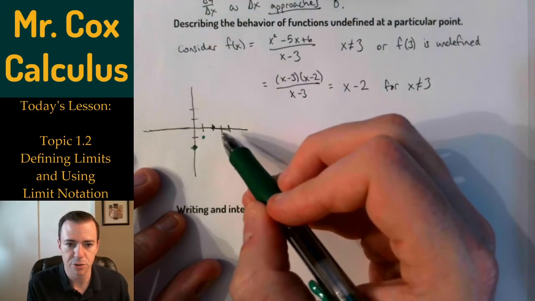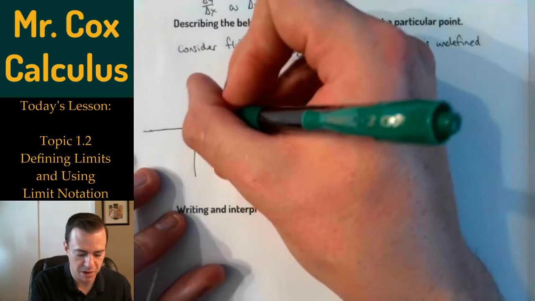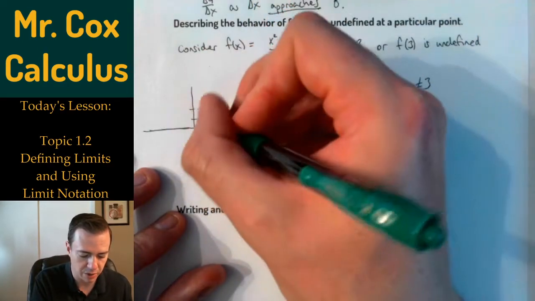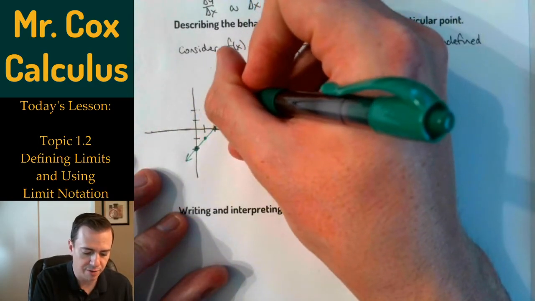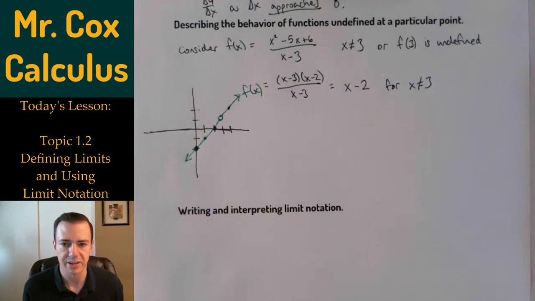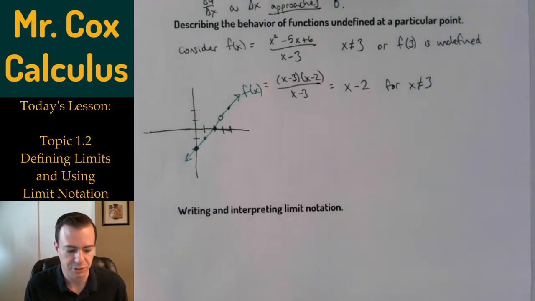If I get to 3 right here, I know that's where my function is undefined, and so what I have is a hole in my graph, and then I can keep going up 1 over 1 like so, and get a graph of f of x that looks like the linear function x minus 2, except it has a hole in the graph at x equals 3.